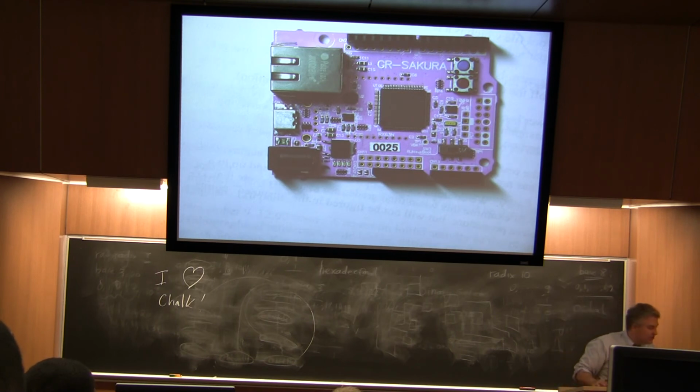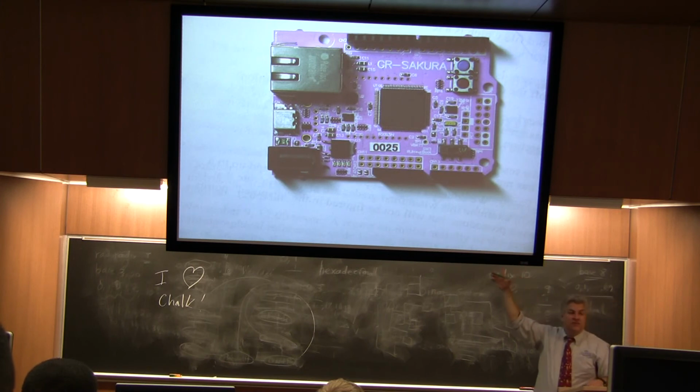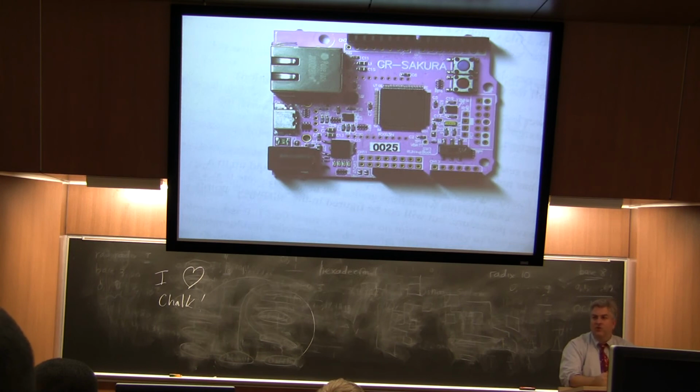So it has a whole bunch of stuff that this simple one has, but this processor on here is 100 times faster than your typical Atmel chip on an Arduino, and it has 100 times more memory than what you find on an Arduino. So the capabilities of this for the exact same price, a lot more horsepower.